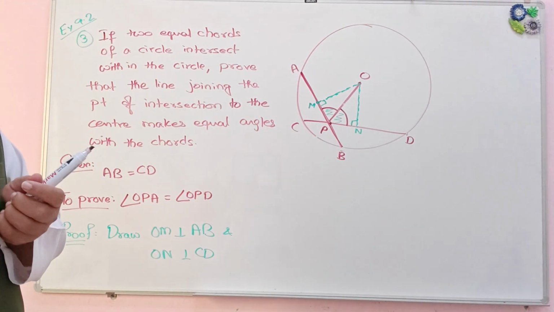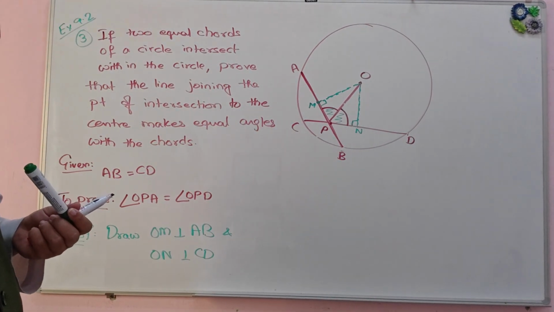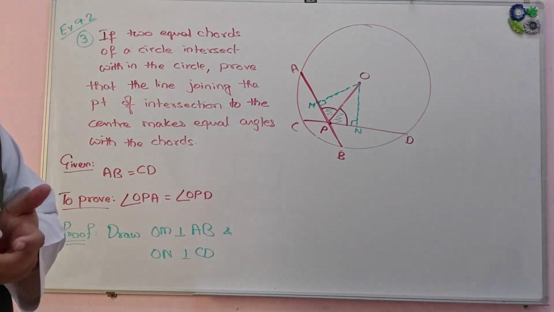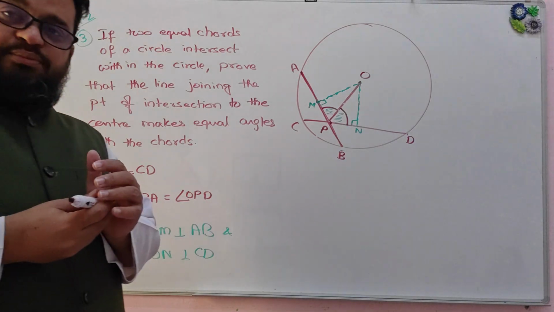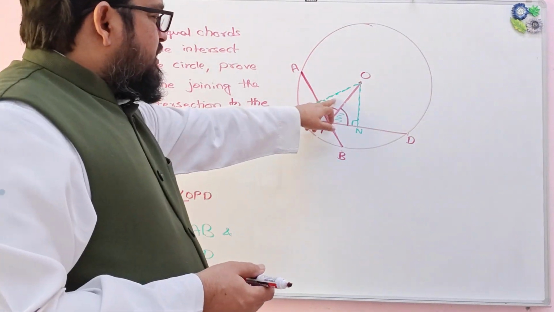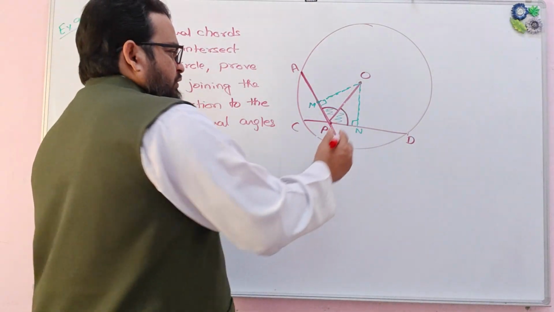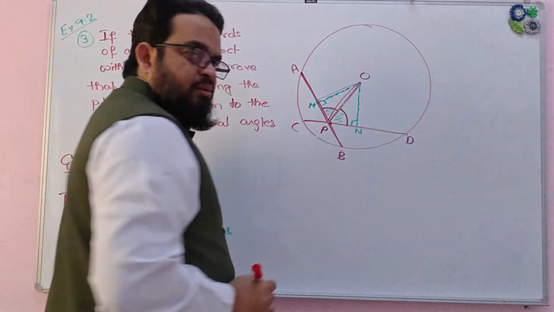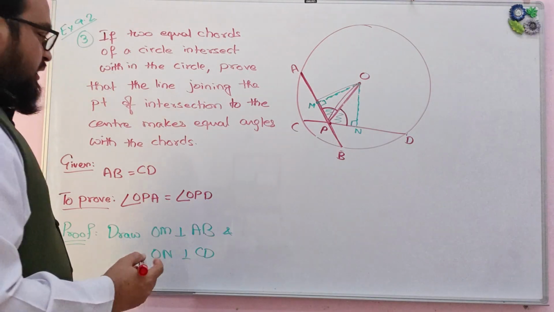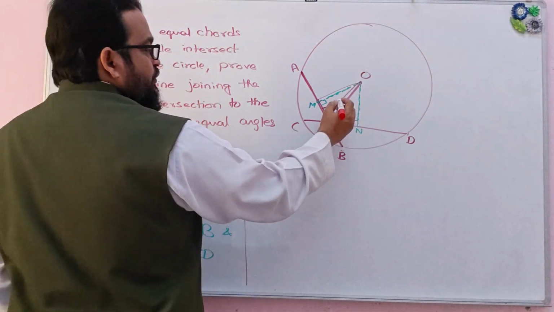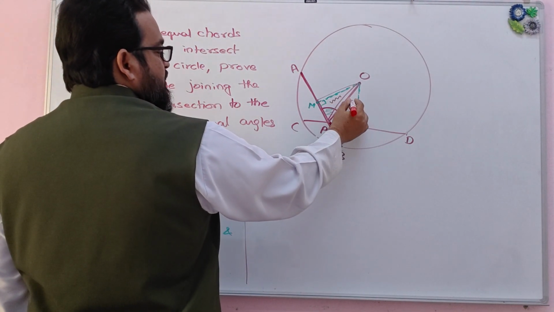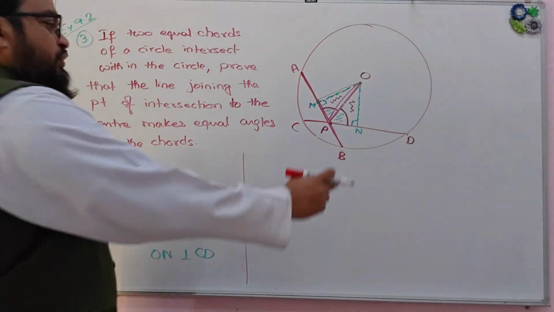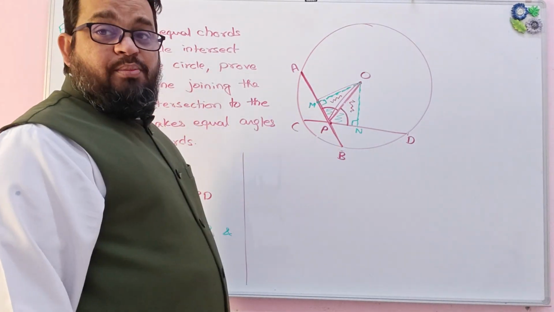So how to prove that these two angles are equal? Here we can prove the parts of a triangle by using the concept of congruency, right? Are you able to see two triangles here? The first triangle is OMP. So let us see if I prove that this triangle is congruent to this triangle, then I can prove that these two angles are also equal by CPCT, right?